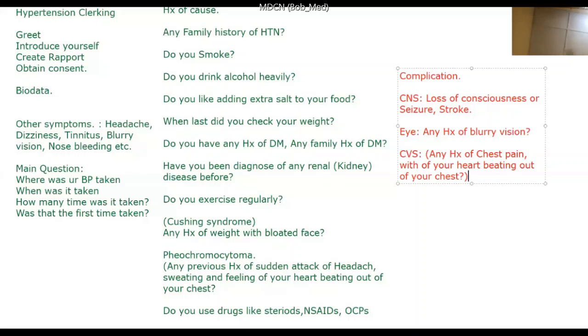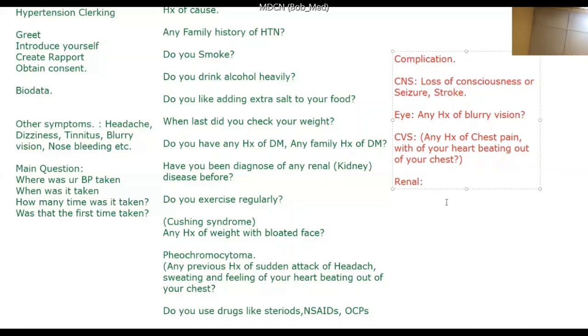This is CVS. So apart from CVS, what other thing could be affected? Your renal system. Depending on the causes of the hypertension, we don't want to go into the causes and everything of hypertension. So you want to rule out the renal system. So you want to ask about what? Any problem with urination?